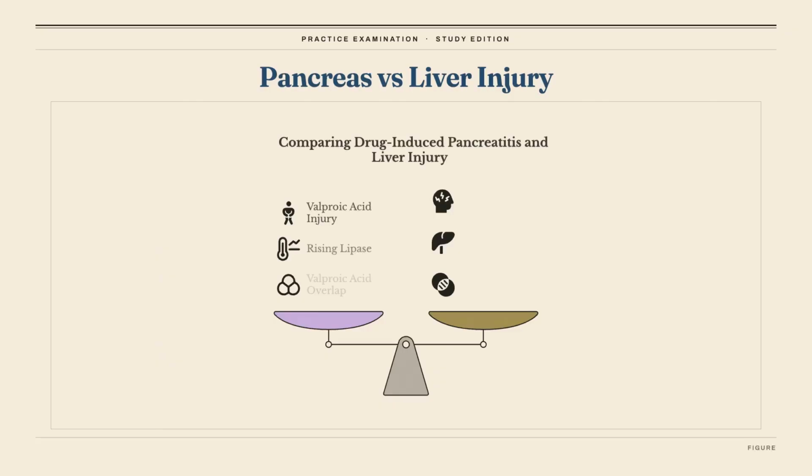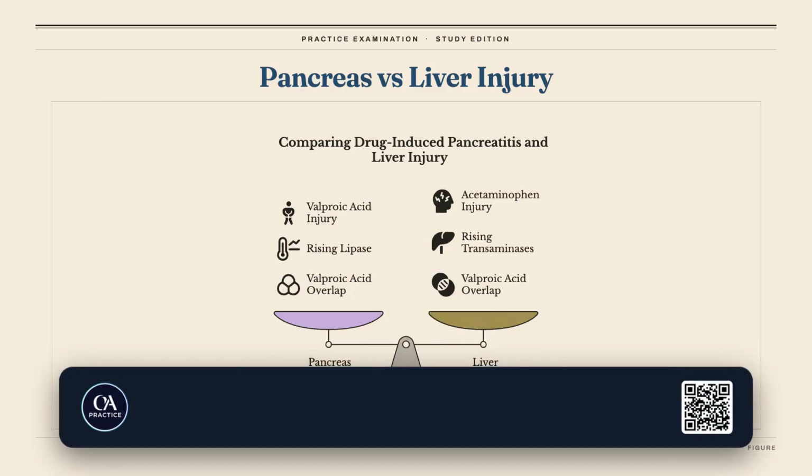The confusable topic is drug-induced liver injury, which shares the same reasoning but not the same organ. Acetaminophen, isoniazid, and amiodarone injure the liver, while valproic acid, thiazides, and azathioprine injure the pancreas. And valproic acid actually appears on both lists. The distinguishing feature is which lab value rises.